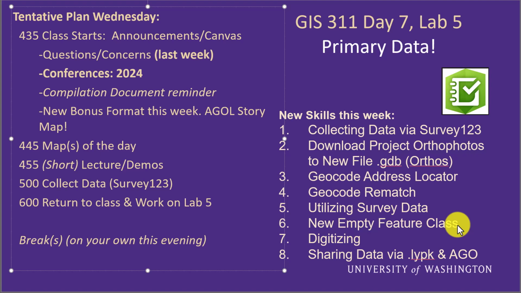And then at the end of the lab, you'll share some data via a layer package and ArcGIS Online. The bonus this week is a story map, so you have an opportunity to learn some new technology.